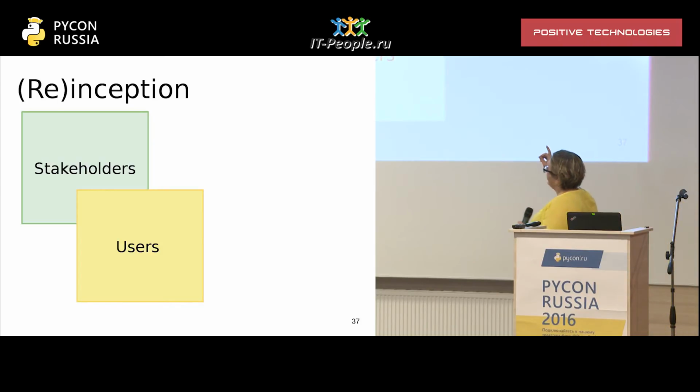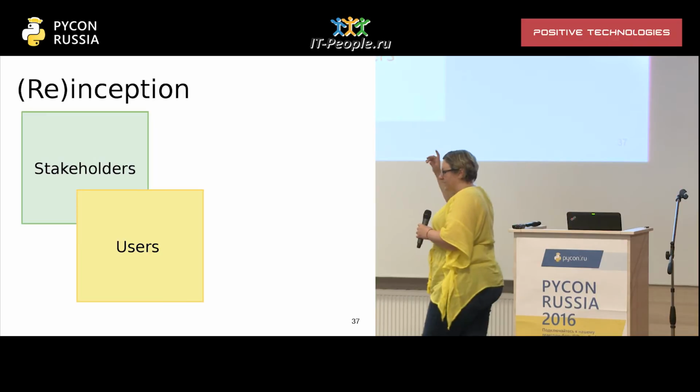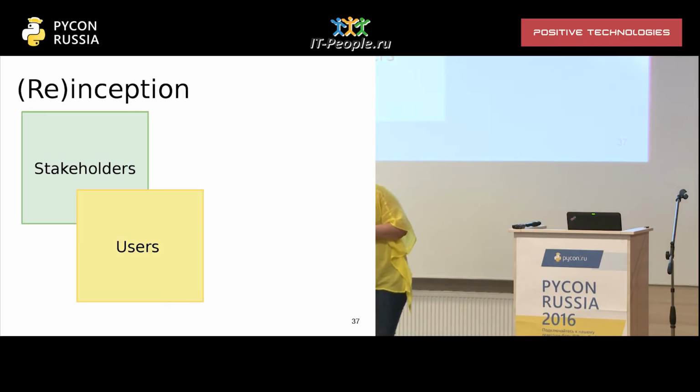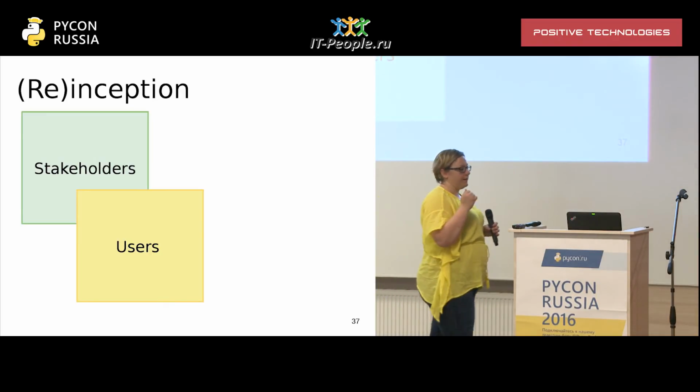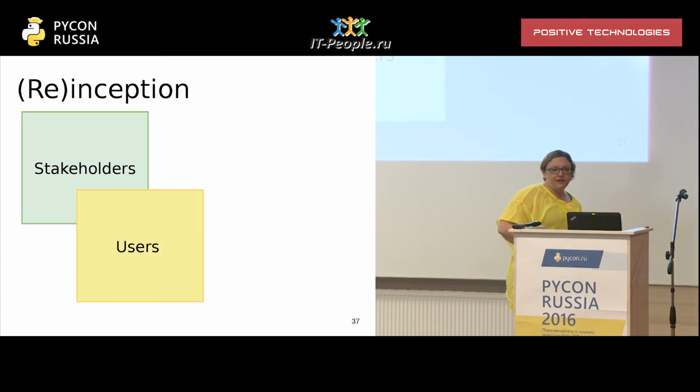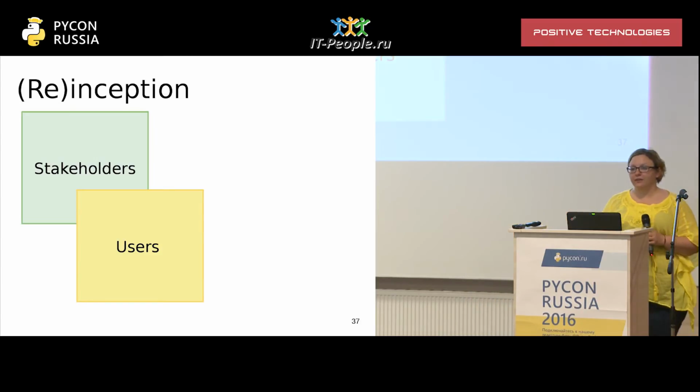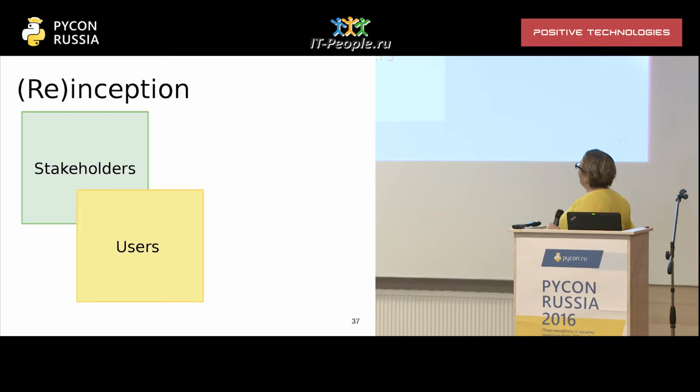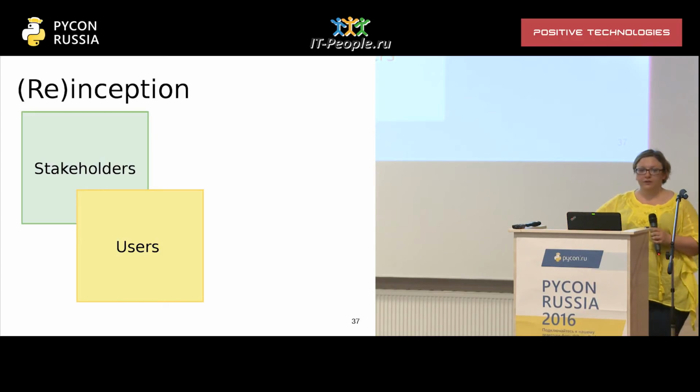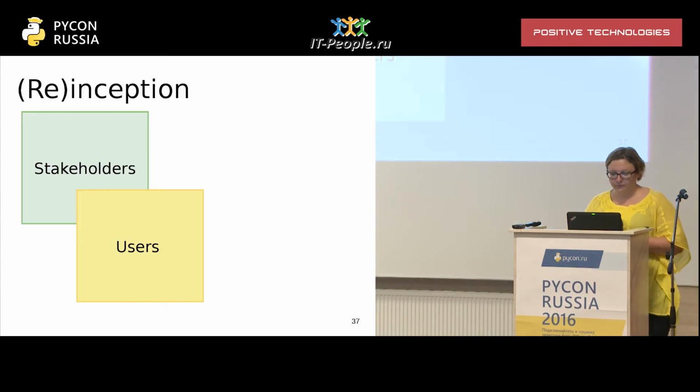Just to clarify, stakeholders are people who have a stake in the project, let's say companies using your software, financial investments, they don't really use it, they just have a stake in it. And then users are the ones who are actually using it, the other software developers.